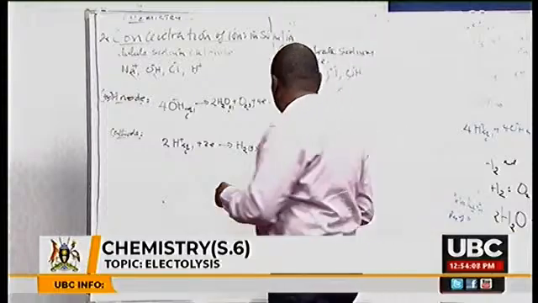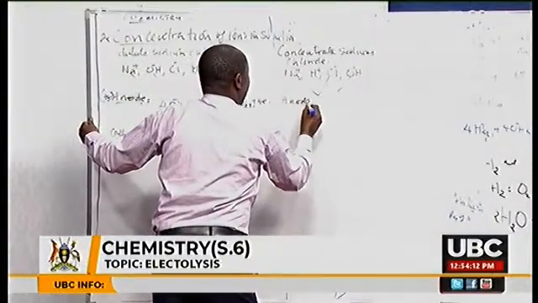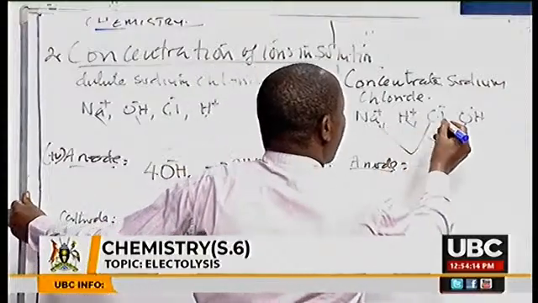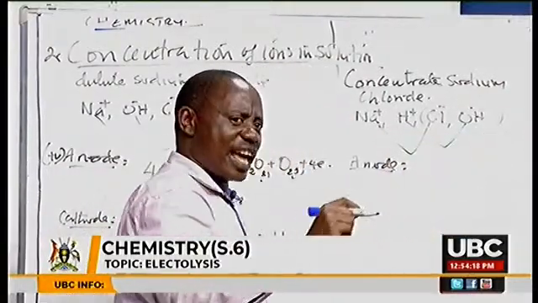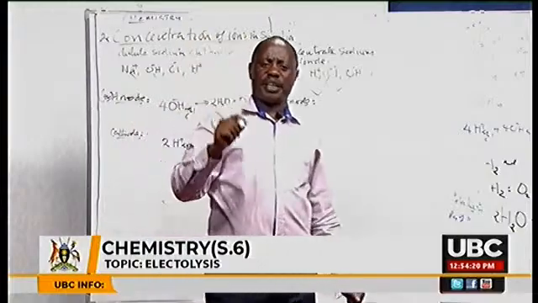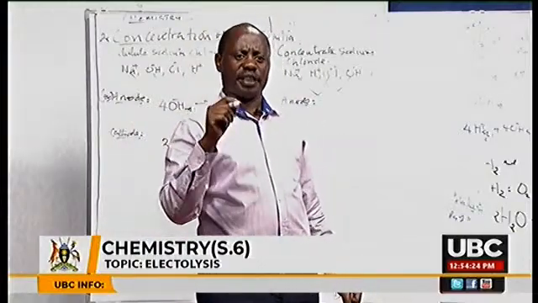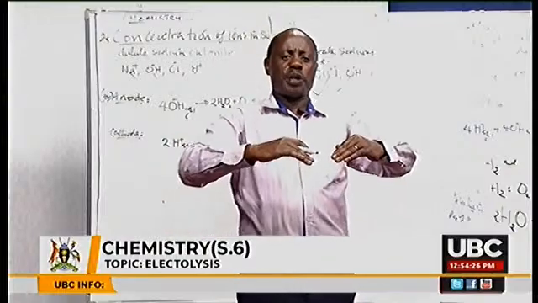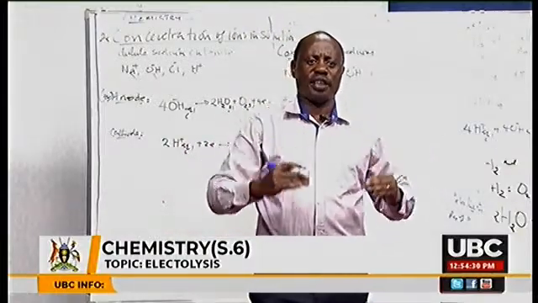So for instance, at the anode, we have chloride ion and hydroxyl ion moving. But this time, the chloride ions are present in high concentration. So they will block the hydroxyl ions from being discharged.